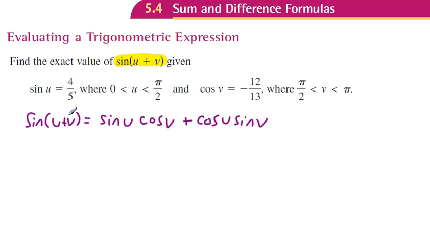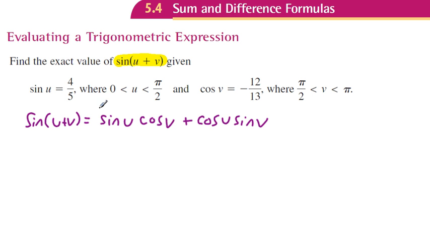So we can replace sine of u with 4/5, and we can replace cosine of v with negative 12/13, but what about these two values? We don't know what cosine of u is, and we don't know what sine of v is. So that's why we have to create two right triangles and find those other values, and then we'll be good.